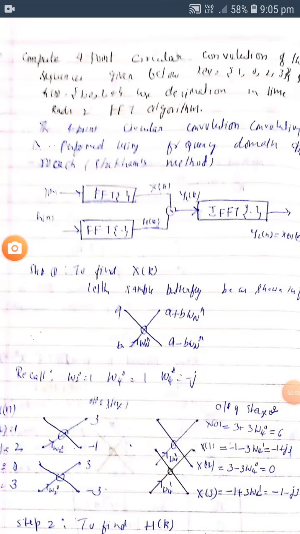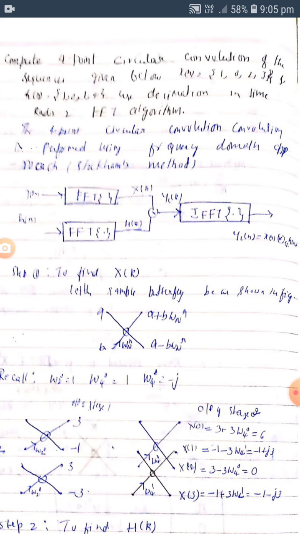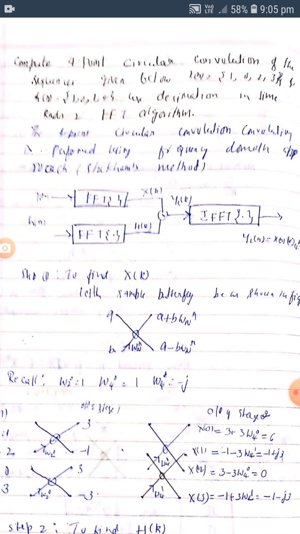In the last class we have seen how to use the DIT algorithm to find the DFT. Now in this class we can solve one problem with the help of the DIT algorithm, that is circular convolution.